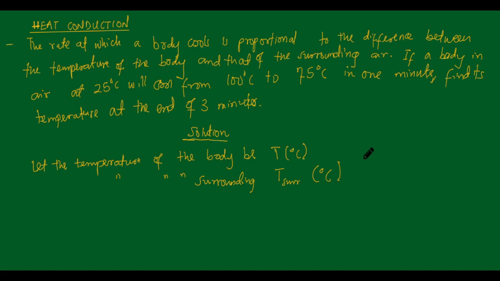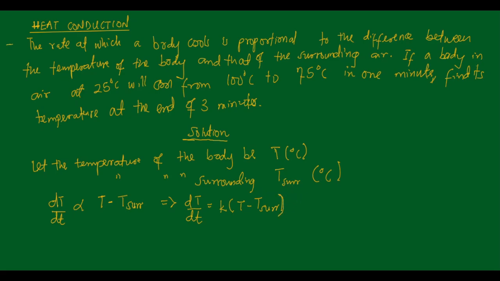So now the rate at which the body cools can be written as the change in temperature with respect to time, and it's proportional to the difference between the temperature of the body T and the temperature of the surrounding, which is T sur. So we can rewrite this now as dT/dt equal to k multiplied by (T minus the surrounding temperature).